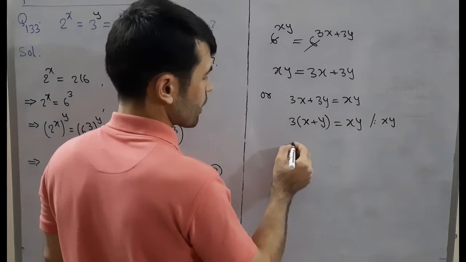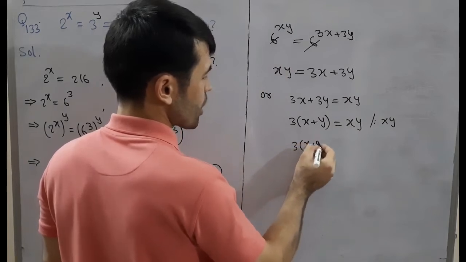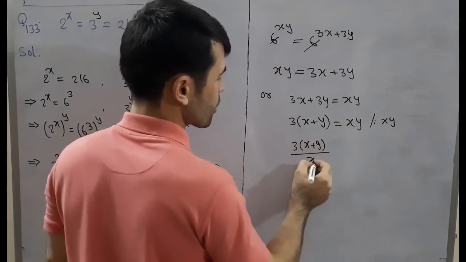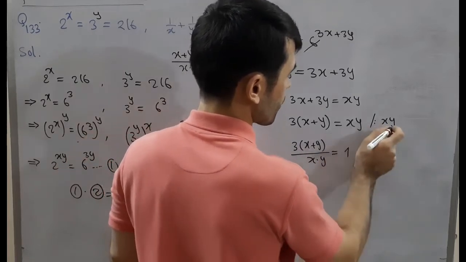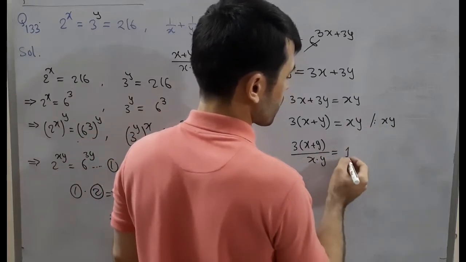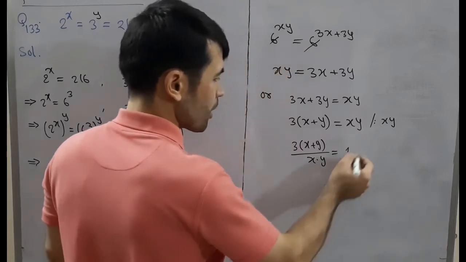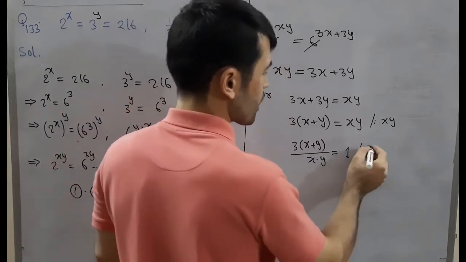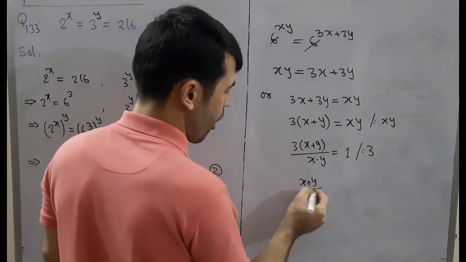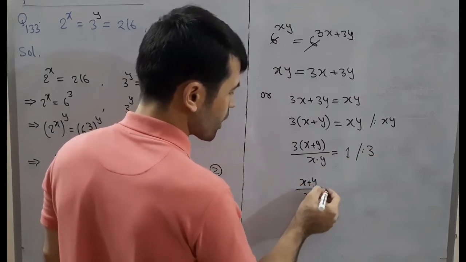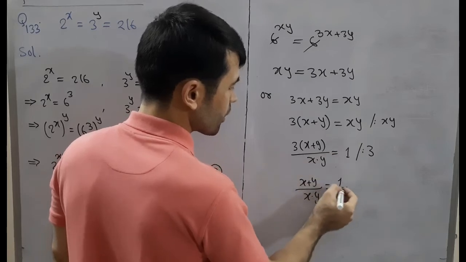We get 3 multiplied by x plus y over x into y is equal to 1, since xy divided by xy gives 1. Again we divide both sides by 3. We get x plus y over x into y is equal to 1 over 3.